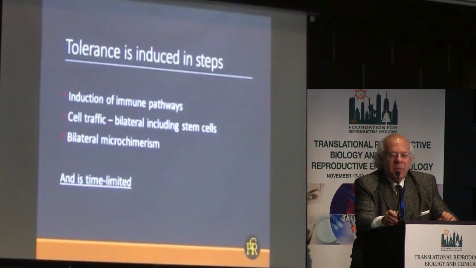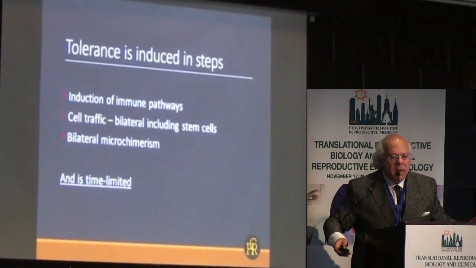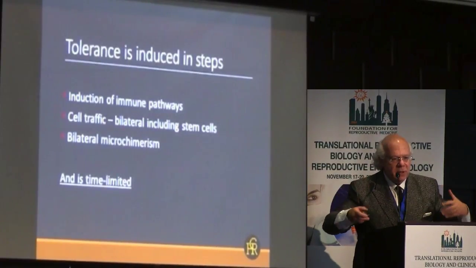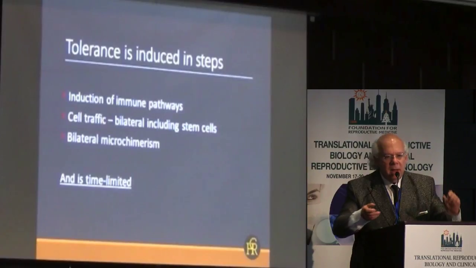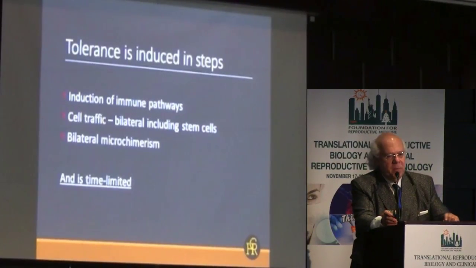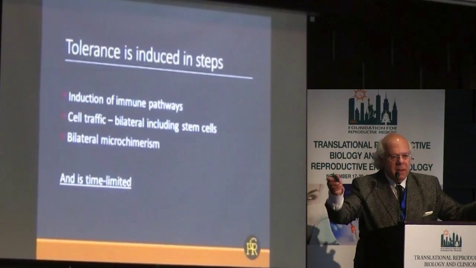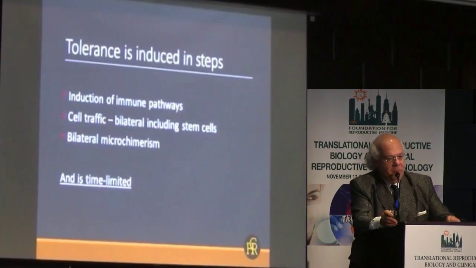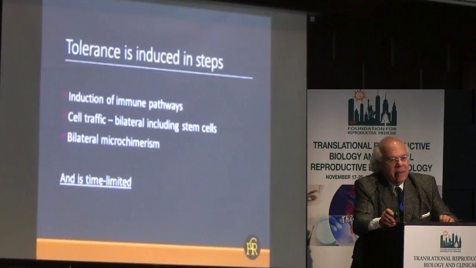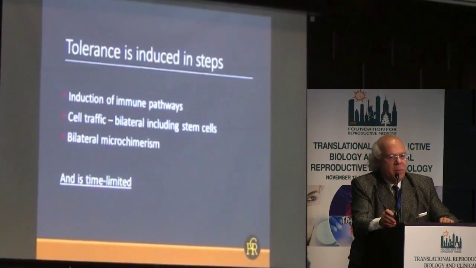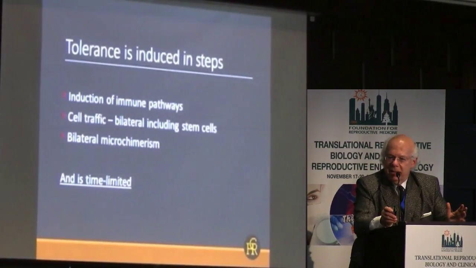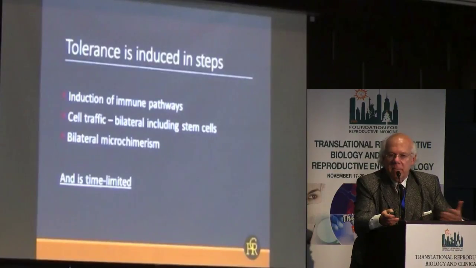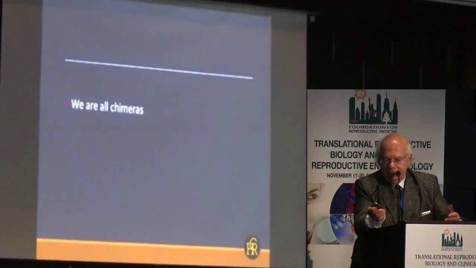And when you think about how quickly the antigen load that the mother has to tolerate increases from a microscopic embryo implanting to a 7-8 pound baby, it is understandable that at some point every immune system will run out of capacity. And that is probably what gets labor going.